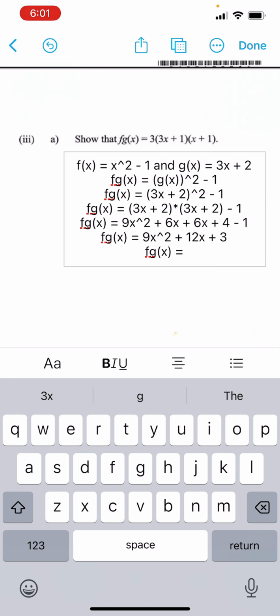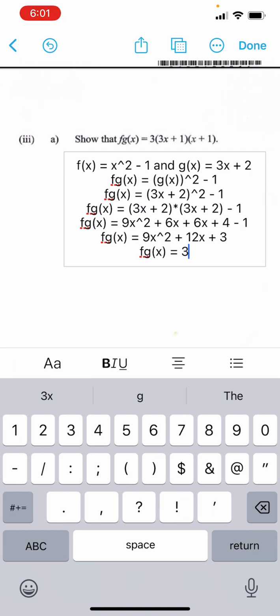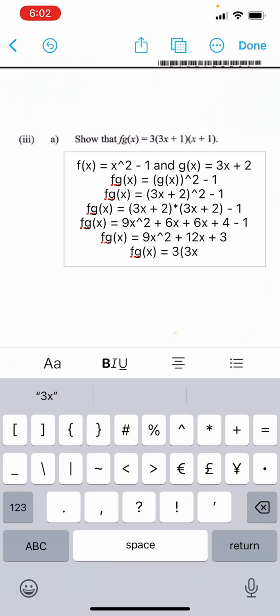A 3 is common between all of these coefficients in this equation. You can get a 3 out of a 9x squared, you can get a 3 out of a 12x, and of course you can get a 3 out of a 3. So we're going to factor out 3, then put a bracket. 9x squared divided by 3 is going to be 3x squared.